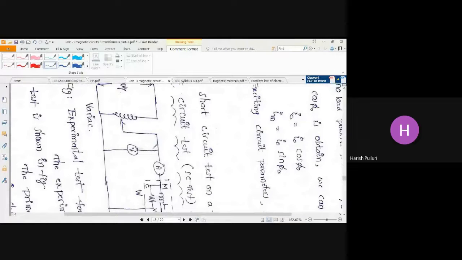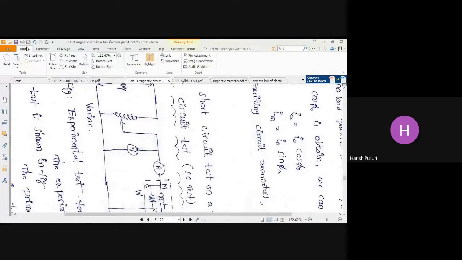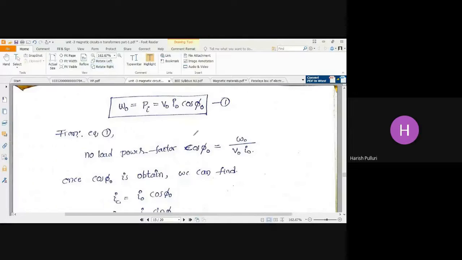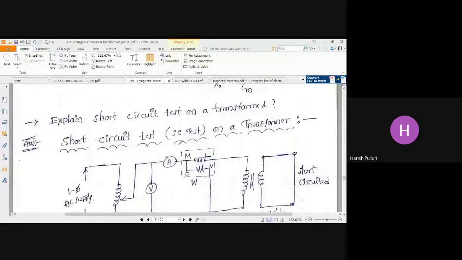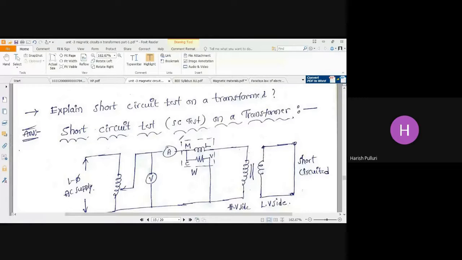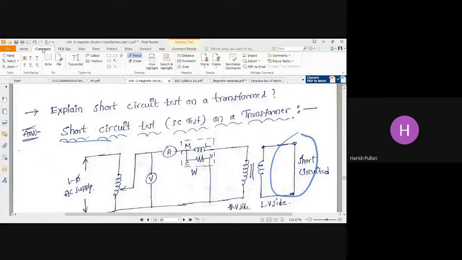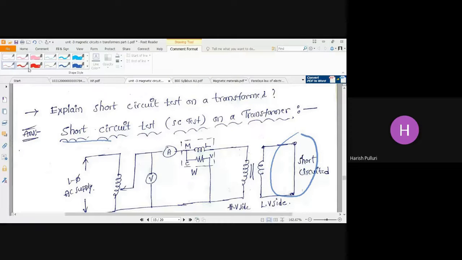The second one is the SC test. You can see the difference between the short circuit test and the open circuit test. The major difference is that on the secondary side we did a short circuit, but in the open circuit test, the secondary side we left open. Open means we didn't connect anything.